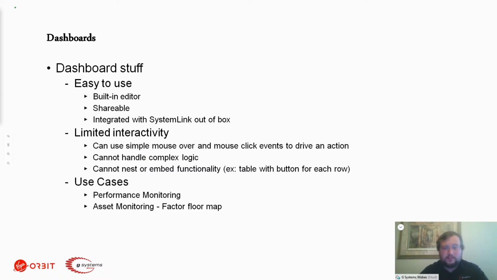For example, if you wanted to track assets on your factory floor, you could create a map and have graphical representation of the assets on your floor and use the asset manager tags to bind that all together. Those are the kind of use cases that I see for the freeform version. Just wanted to throw that out there because we're using those constructs internally as well in those ways.